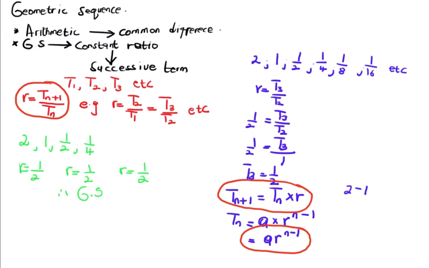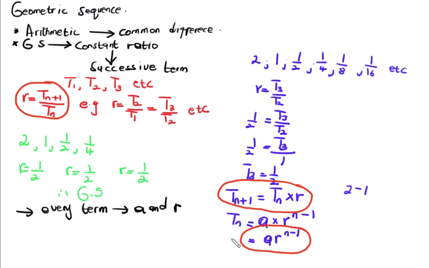So in essence, all that we've talked about can be summarized. We can say because we have the Tn, it means that every term of the sequence can be written in the form of a and r.